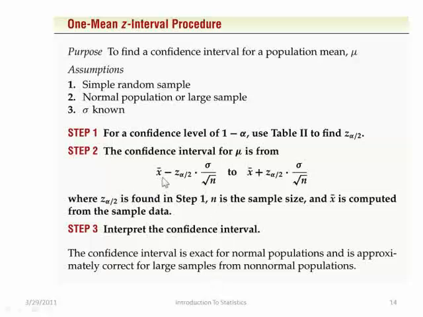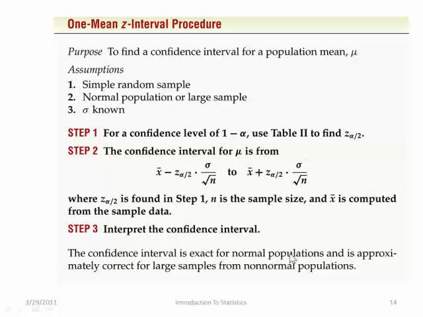So then we can compute our confidence interval, which is right here. And then we have to interpret. Note, the confidence interval is exact for normal populations and is approximately correct for large samples from non-normal populations.